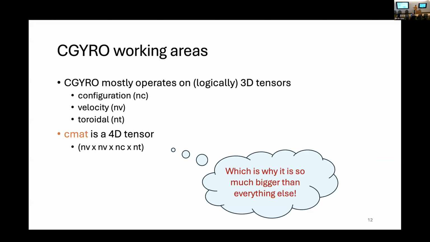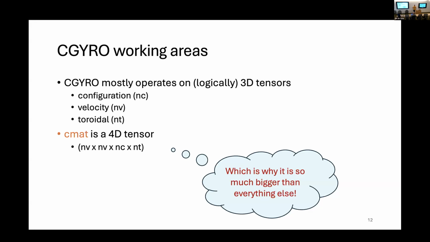And how compute works in CGYRO is that most of the structures are essentially big 3D tensors, with the 3 dimensions being the configuration, the velocity, and the toroidal dimension, and I'll use NC, NV, and NT all over the place from now on. The only exception is CMAT, which is 4D, essentially quadratic in the velocity dimension, and then you have the other two.